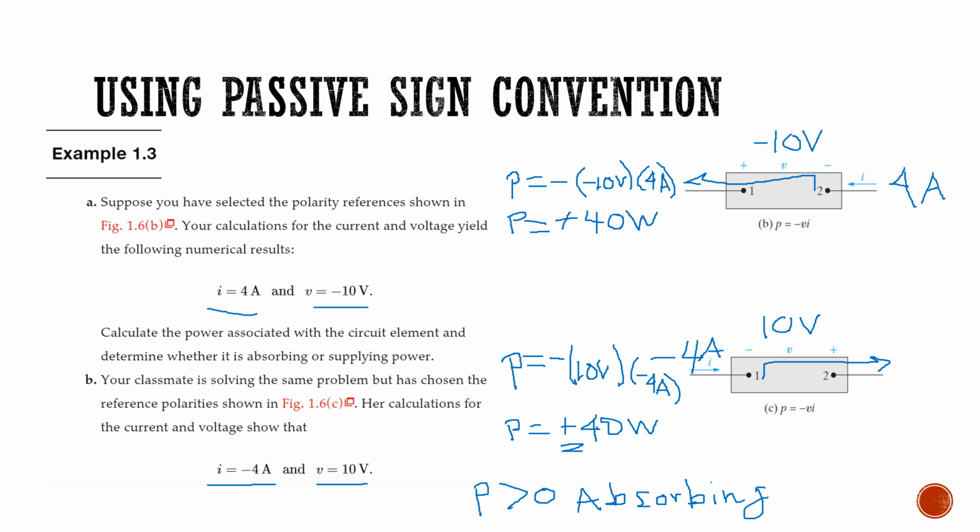So how do I change this circuit so it uses the passive sign convention? Well, what I would do is either change the voltage polarity so that the current is entering the positive terminal and the charge goes through a voltage drop, or I change the direction of the current.